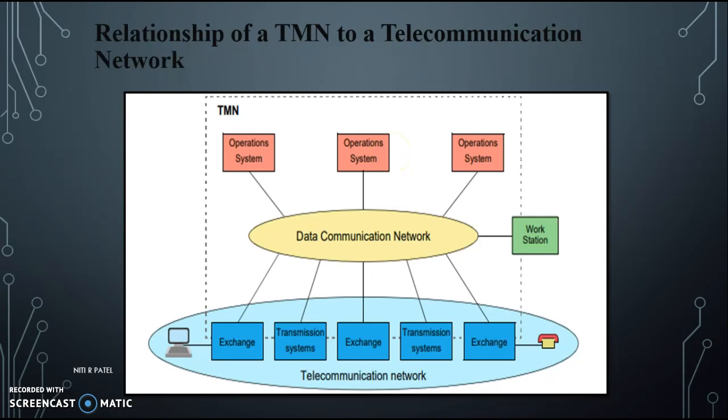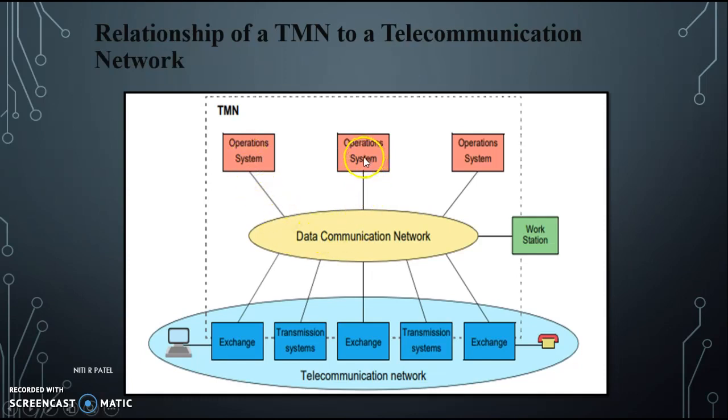It is also possible that a single management function will be performed by multiple operating systems. In this case, a data communication network is used for exchange of information between the operating systems. That means if an operating system wants to communicate with another operating system, all the communication goes via the data communication network.